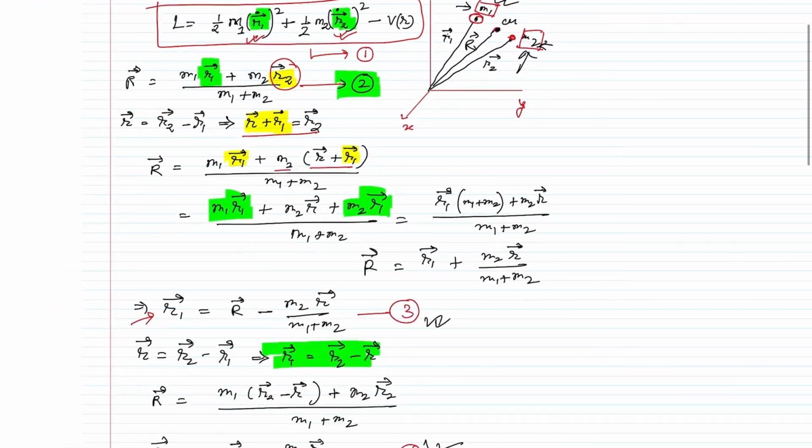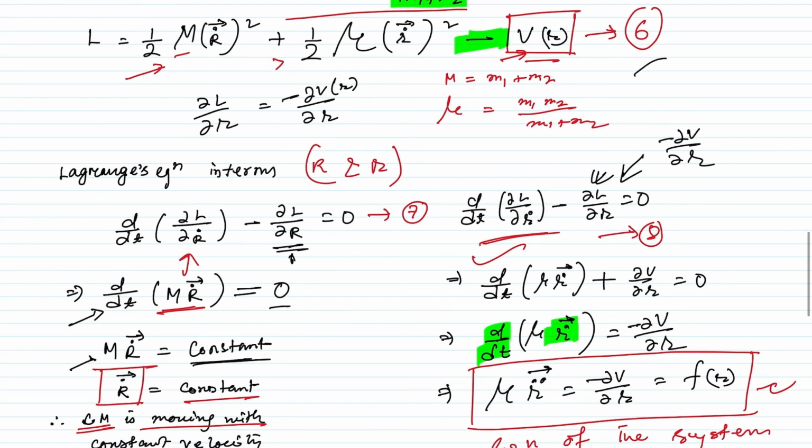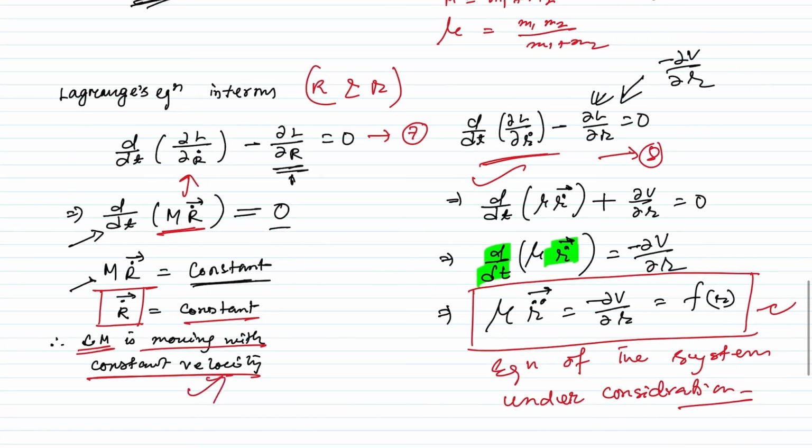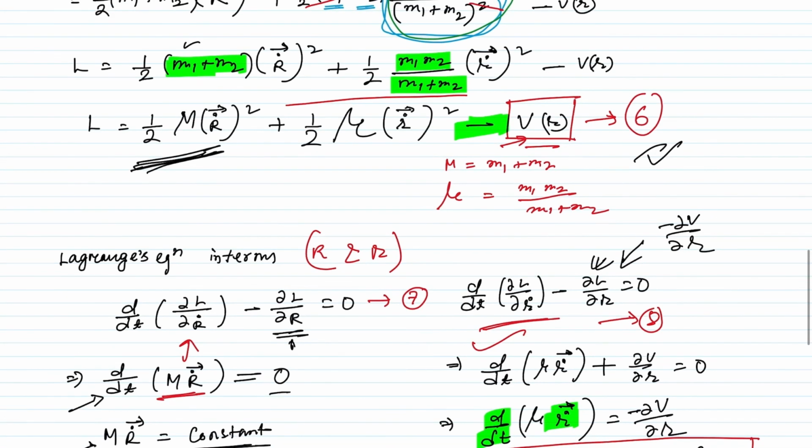That's why this equation number 6 can be reduced. As the center of mass is moving with constant velocity, it is not affected by the motion of the system of particles, so we can ignore this term from this equation.